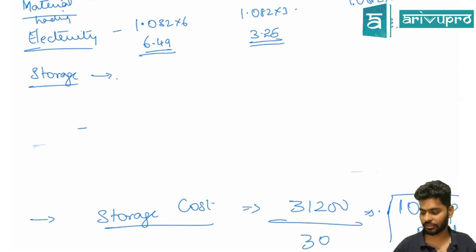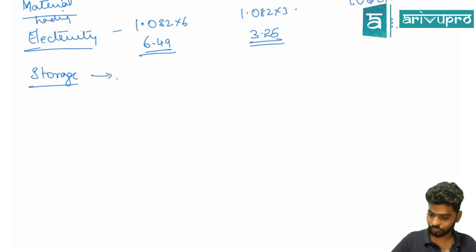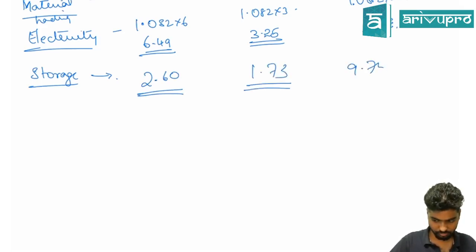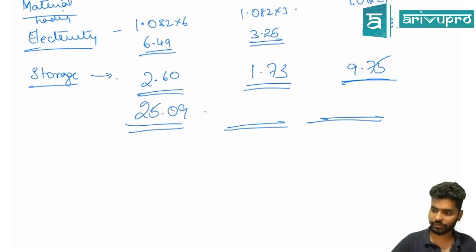Are you guys clear? So now when I add that up, that comes to 25.09, 28.98.